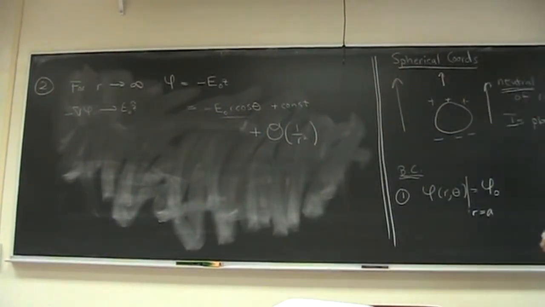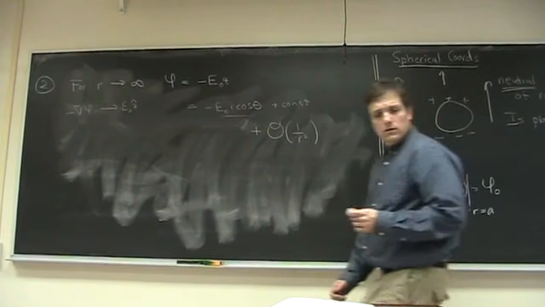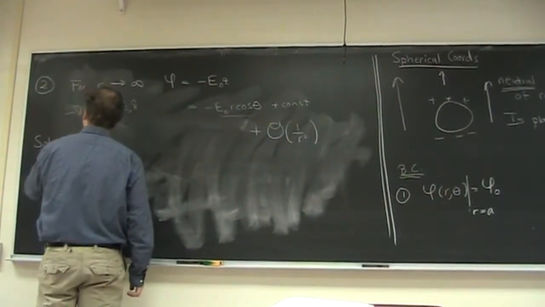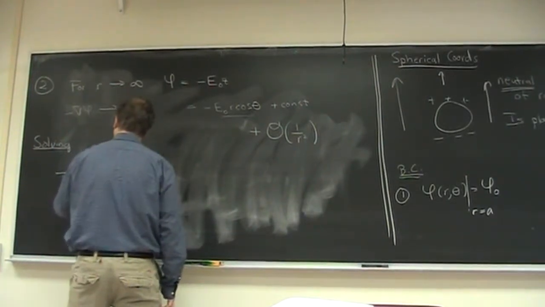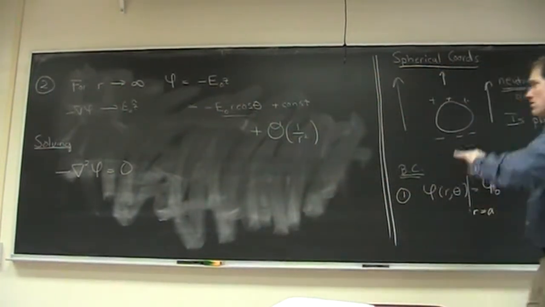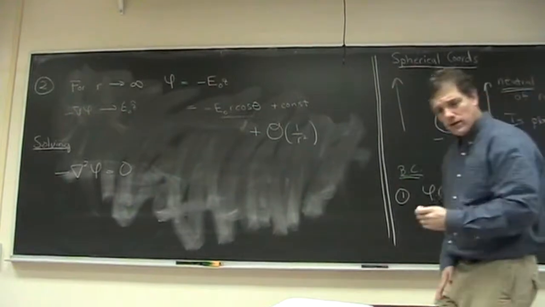Okay, so those are our boundary conditions. Now we got to go solve the equations. So we're solving the Laplace equation, equals 0. Since our boundary is spherically symmetric, we use spherical coordinates, right?